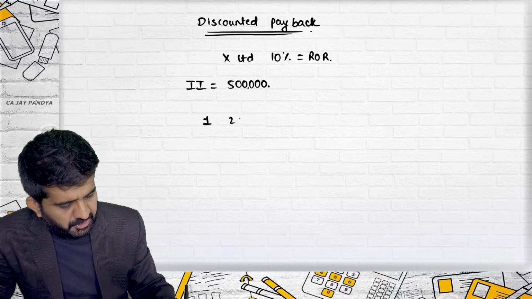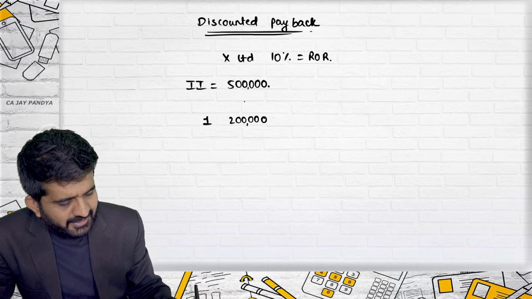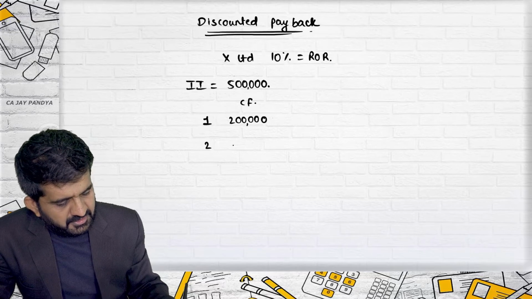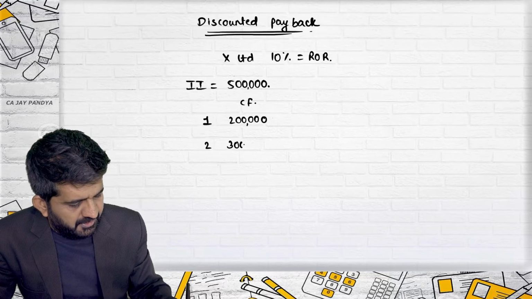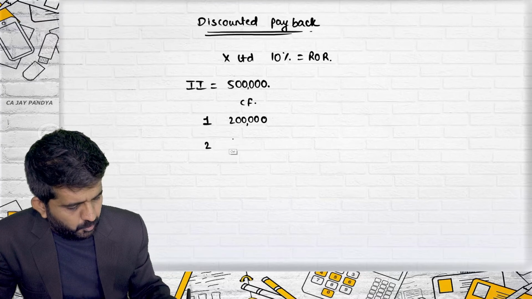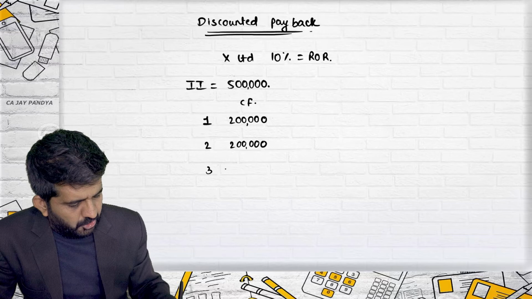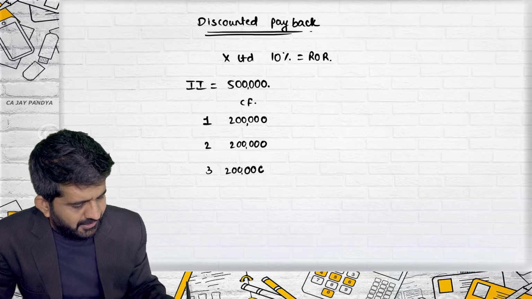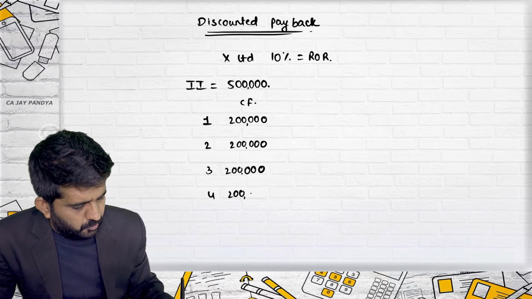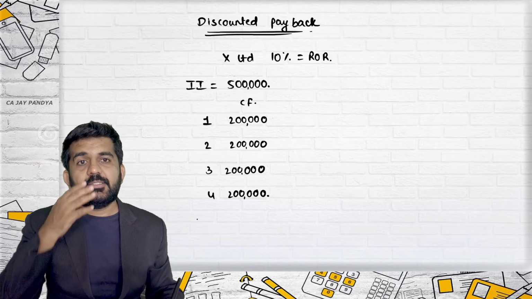In the first year, my cash flow will be 2 lakhs. In the second year, my cash flow will be 3 lakh. Let me take it as 2 lakhs. In the third year also, my cash flow will be 2 lakhs. And in the fourth year also, my cash flow will be 2 lakhs.